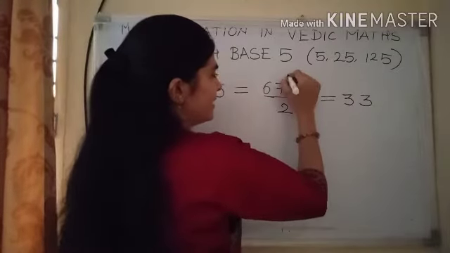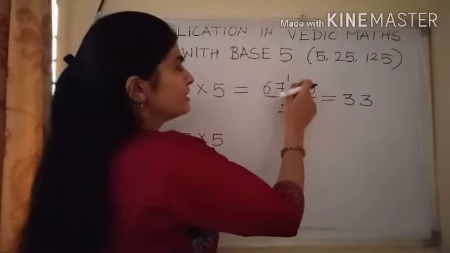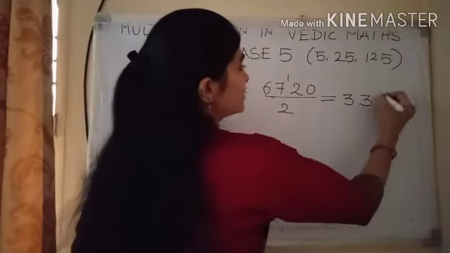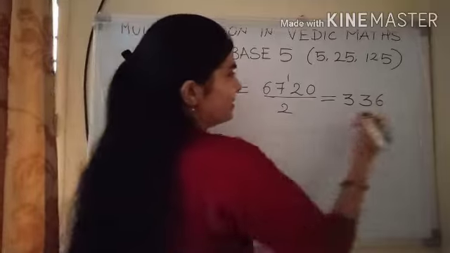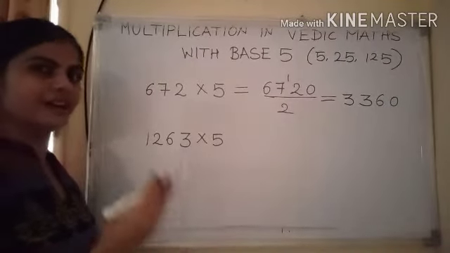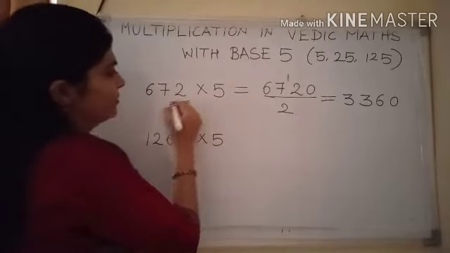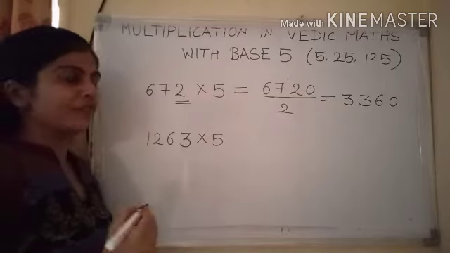So write down 3 and one number is left, right? One is remainder. So this is 12. Now 2 6s are 12 and keep 0 as it is, right? Understood? In this number, you may have observed the last digit was even.